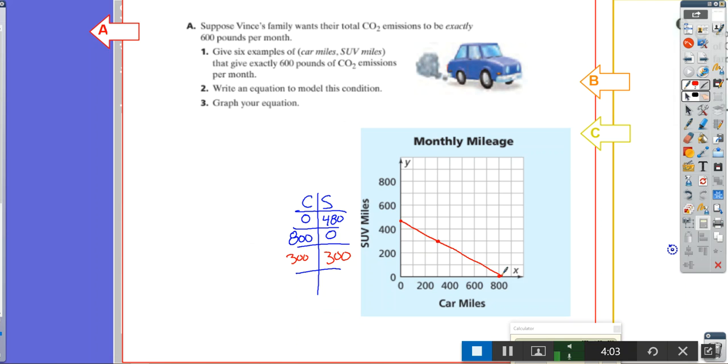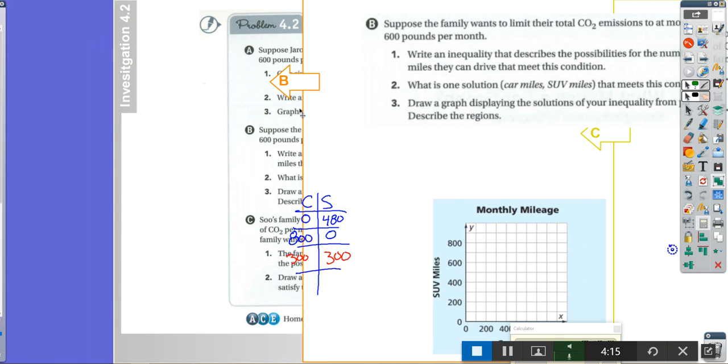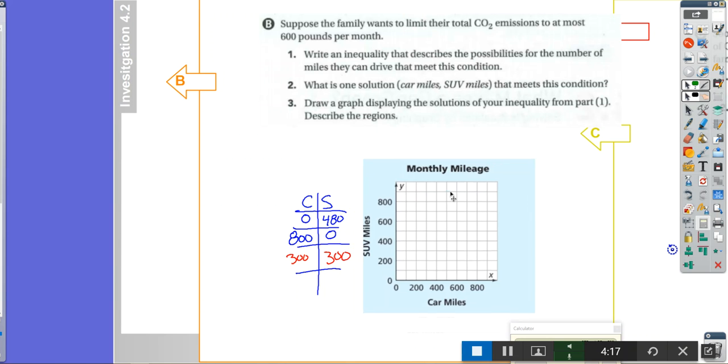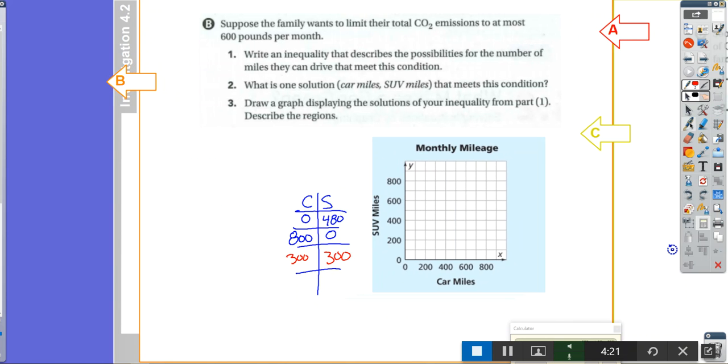So now we need to take this graph and turn it into an inequality. I'm going to pull this back. It means I'm going to have to remake the graph, but it's not like that last graph was super arduous. So 300, 300, 800, 0. There we go.